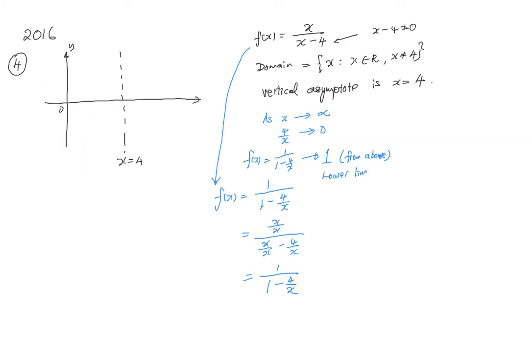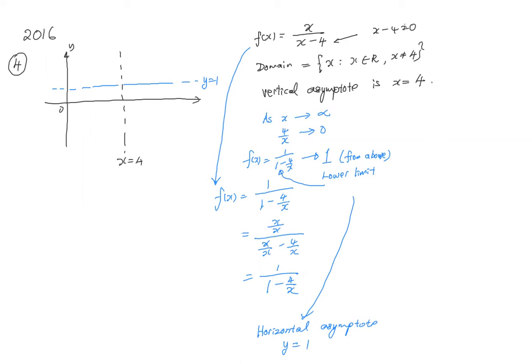Am I right? Because of the minus sign here. So that's why you have another horizontal asymptote, y equal to 1.